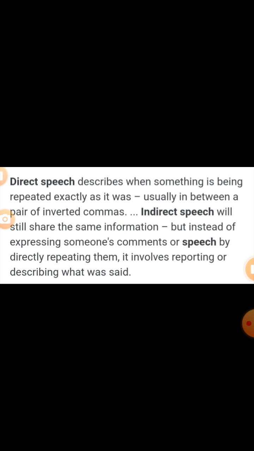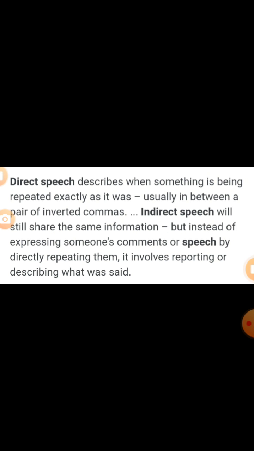But unlike this, indirect speech will still share the same information, but instead of expressing someone's comments or speech by directly repeating them, it involves reporting or describing what was said. When we convert these statements into indirect speech, the words change, but the idea remains the same.